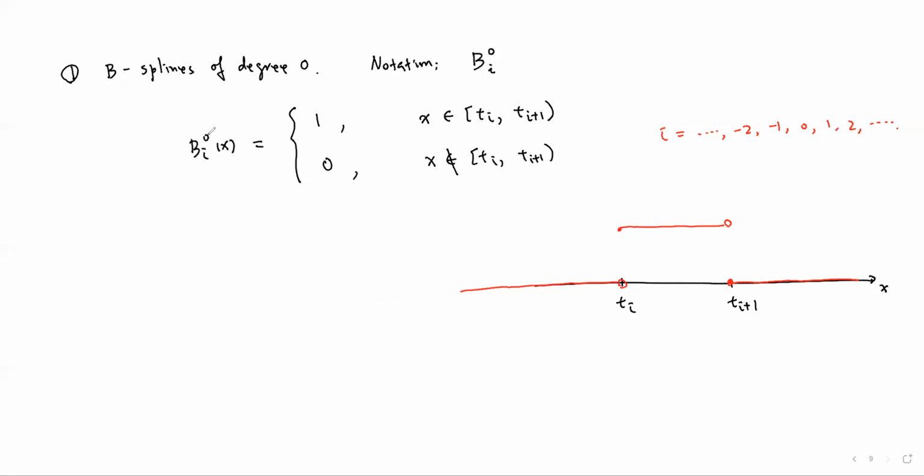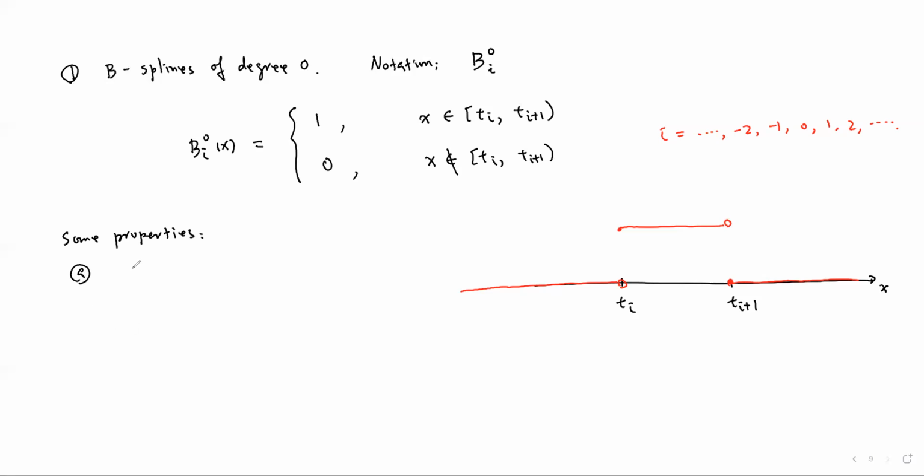Before I present a formula for spline functions of degree 1 and degree 2, let me give you some properties about B_i^0. It is easy to see these properties of B-splines of degree 0.